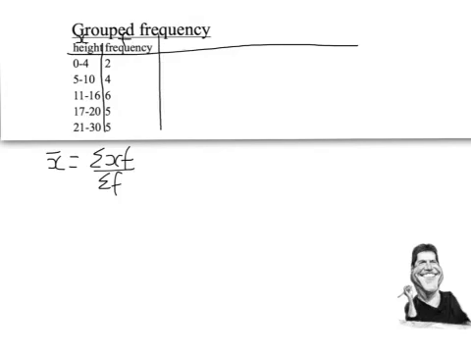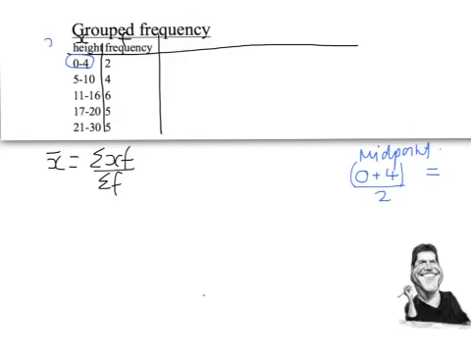Now, the first thing we do is we have a problem because we can't do f times x, because we don't have any numbers for x. So all we do now is we use the midpoint. Now, you're probably fine with this. The midpoint is found, so if I was going to find the midpoint of 0 and 4, I actually add them together. Can you make sure you press equals on your calculator when you do that? So press equals at that point and then divide it, and nothing plus 4 divided by 2 is 2.